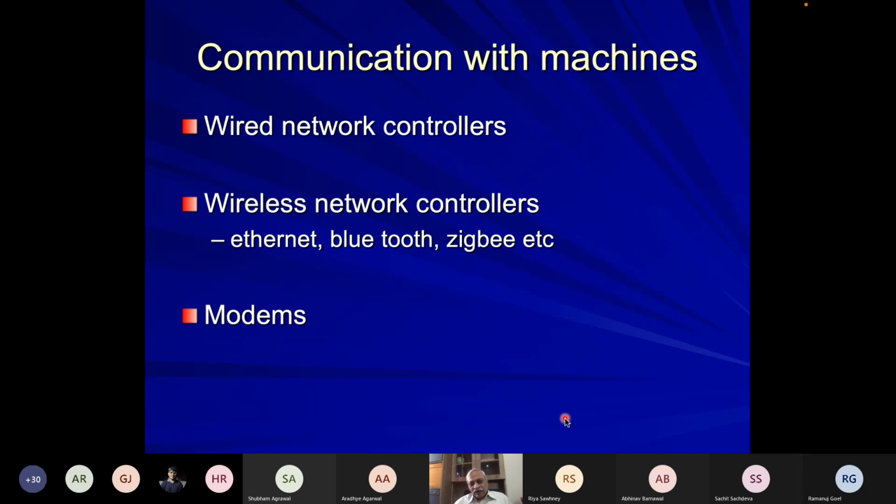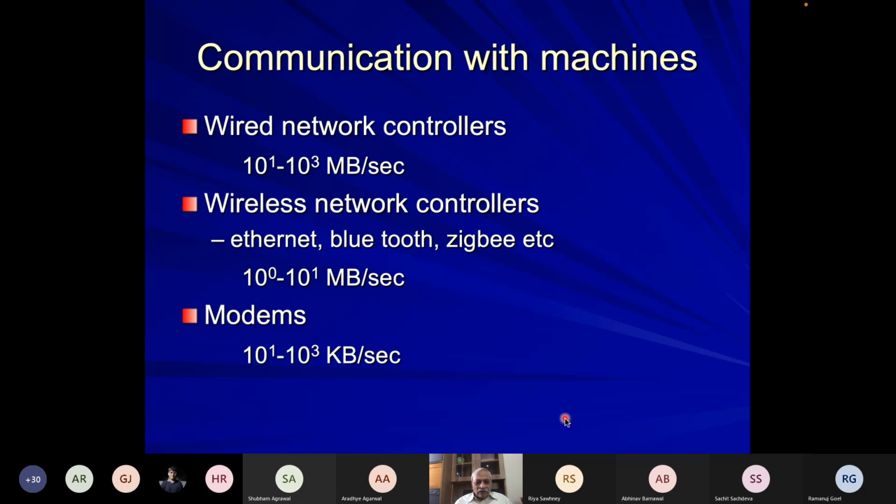Modem stands for modulator, demodulator, short for that. So devices which connect computers to analog communication channels like telephone lines. These also carry data at fairly high speed. Some could be thousands of megabytes per second. Okay, modems are somewhat slower.